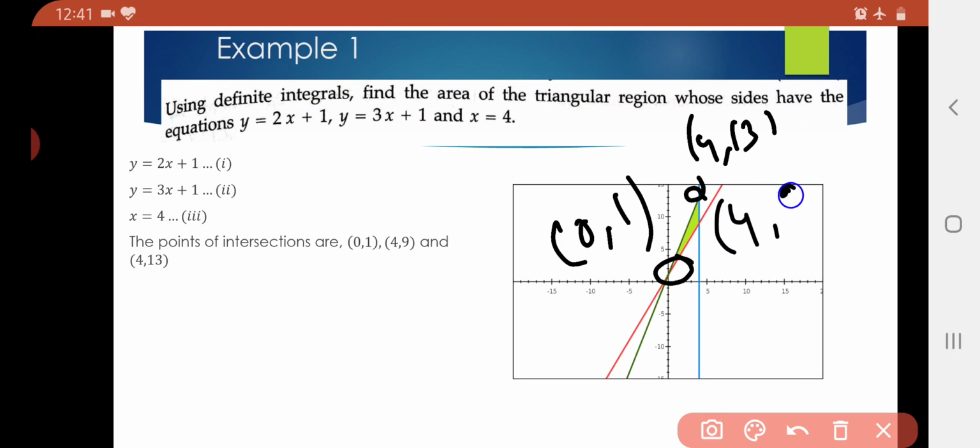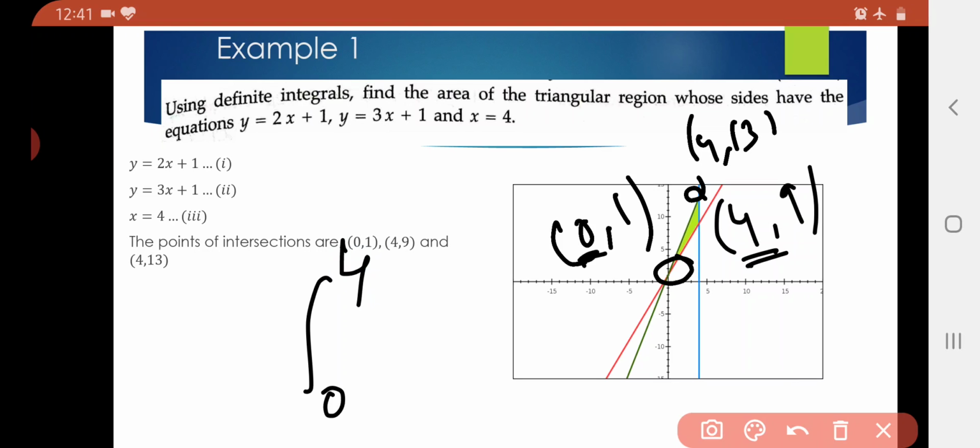So now we can see this integration will run from the value of x 0 to the value of x 4. So the whole integration will be from 0 to 4. That is what our integration is going to be. And what will be the integrand?